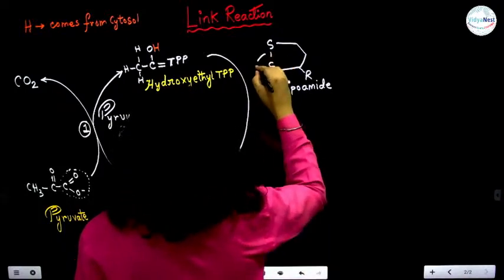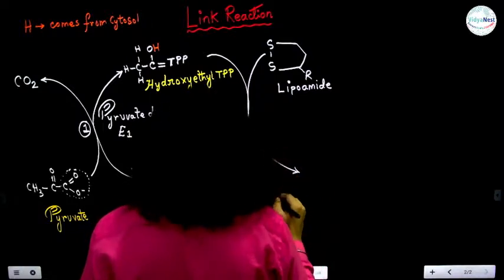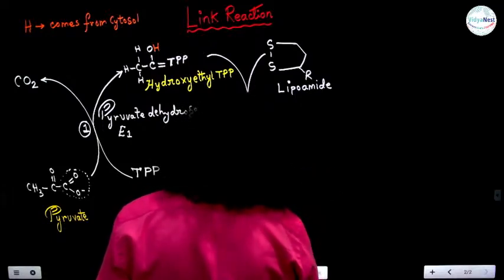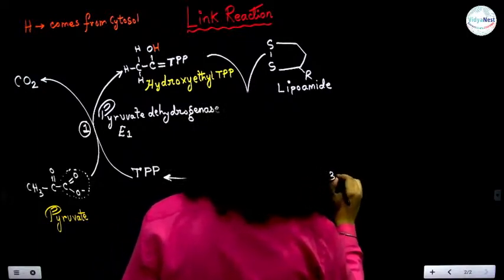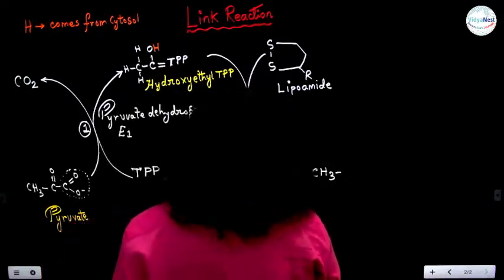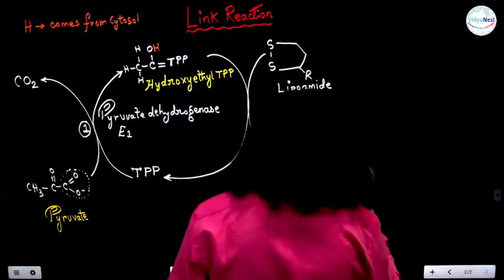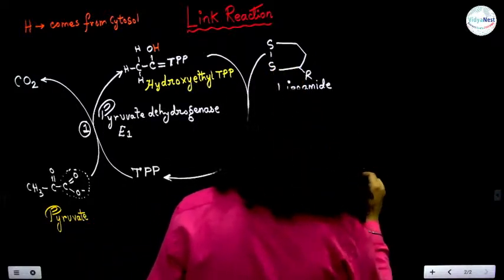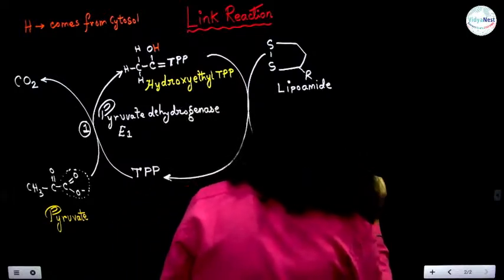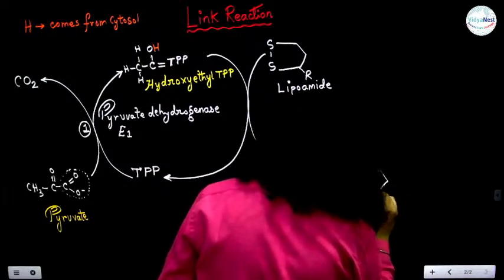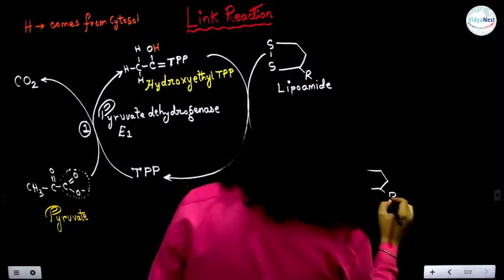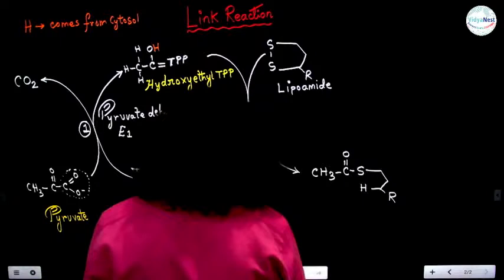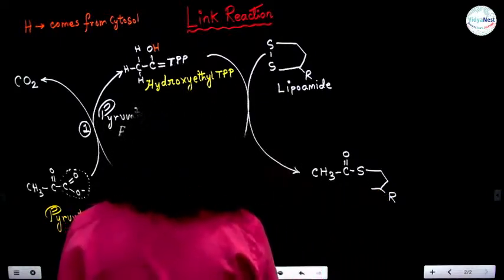That means acetyl dihydrolipoamide, CH3, C double bond O. This S will be reacting with this, and this H, that means this particular H which has come from outside, from the cytosol, it will come over here.